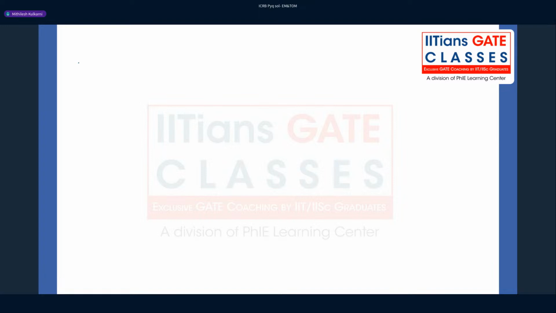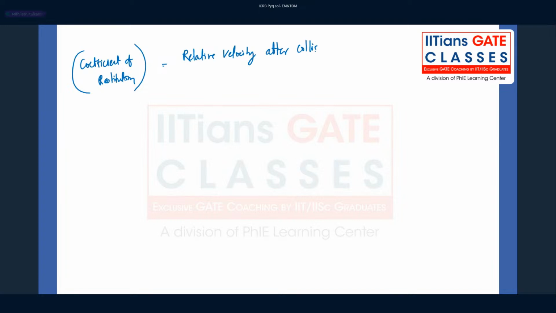The coefficient of restitution is actually the relative velocity after collision or after separation, divided by the relative velocity before collision.